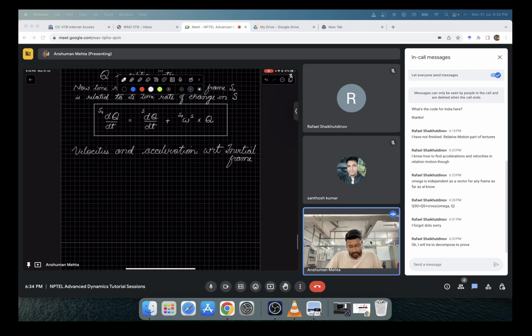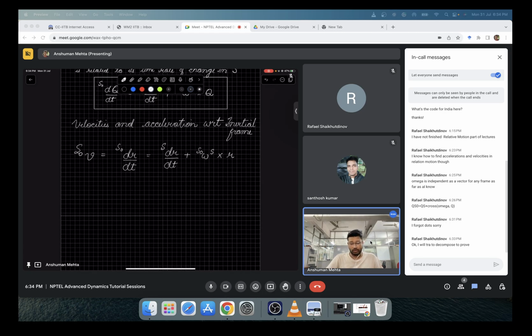So we can use this relationship only, and we can say that v, which is velocity with respect to s naught, can be written as... r is our displacement, so this is our velocity of... so this is our sv.